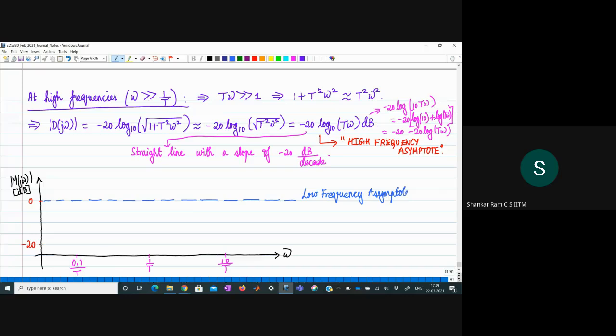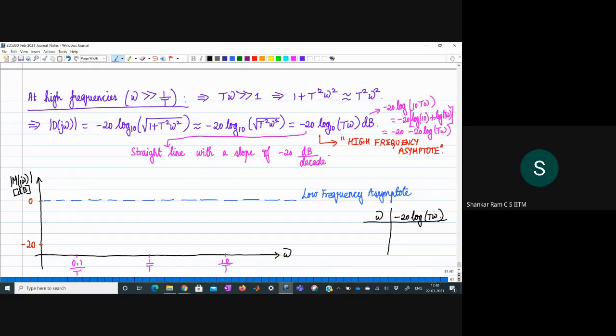All right. So now, if I want to draw the high frequency asymptote, I need to draw minus 20 log t omega, in decibels.